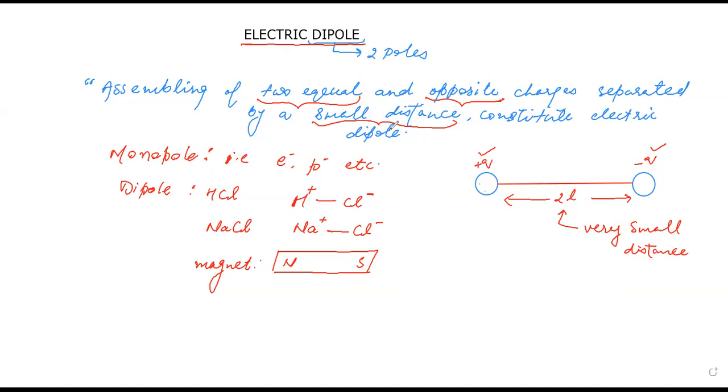The condition of a dipole is that the magnitude of both charges is always the same, the nature of the charges is opposite, one positive and the other negative, and the separation between them is very small. Then this system is said to be a dipole system. Are you clear?